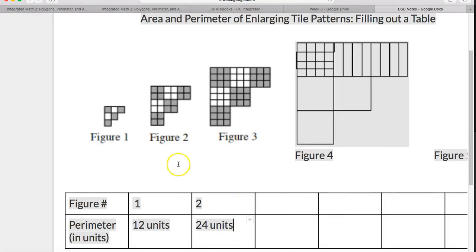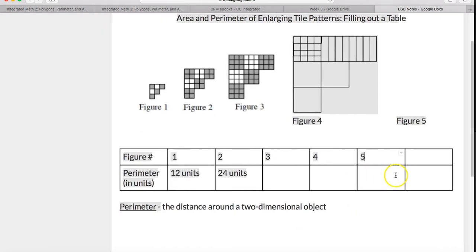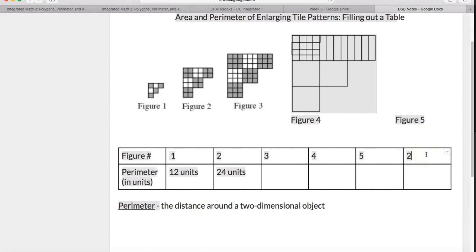So you're just going to keep doing that for figure 3, figure 4, figure 5, and then see if you can figure out what it is for figure number 20. So as you can see, we didn't draw figure number 20, right? We just went up to figure number 5.